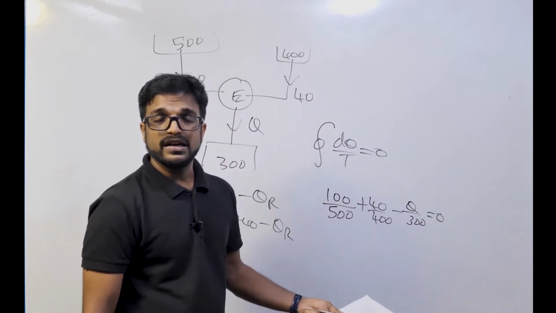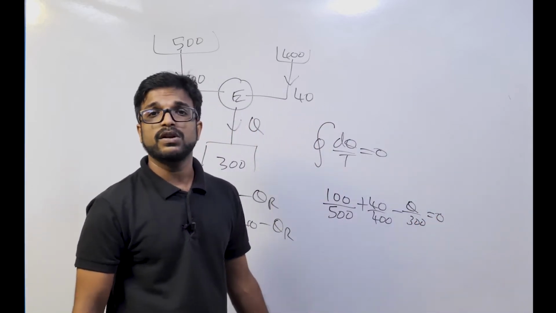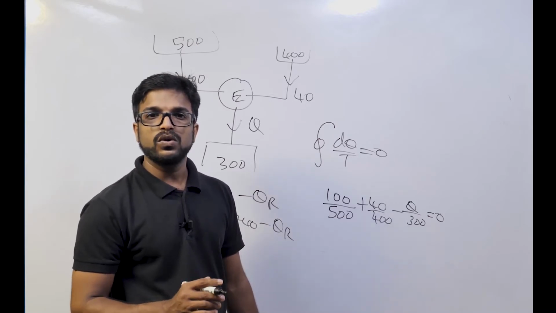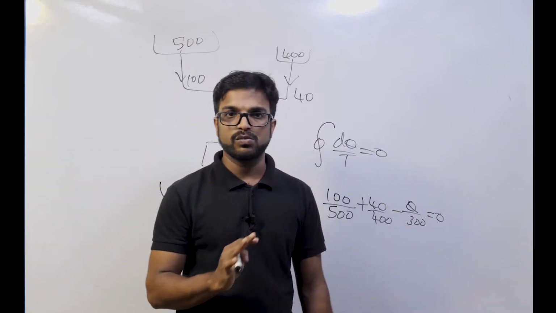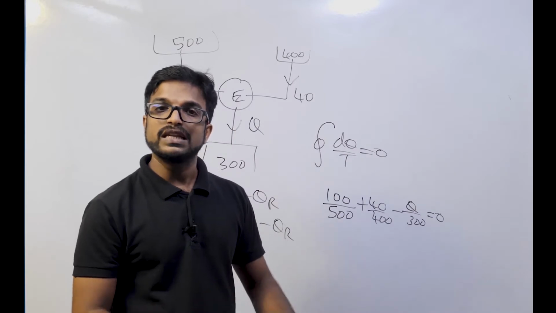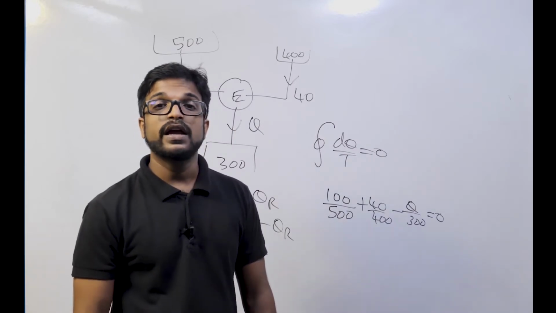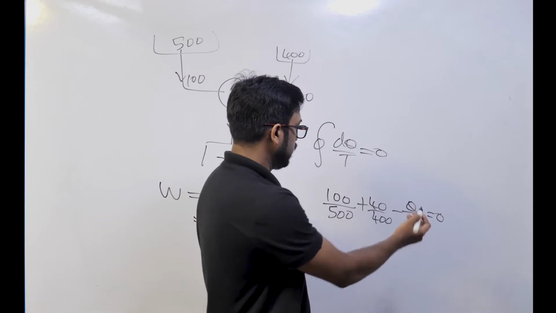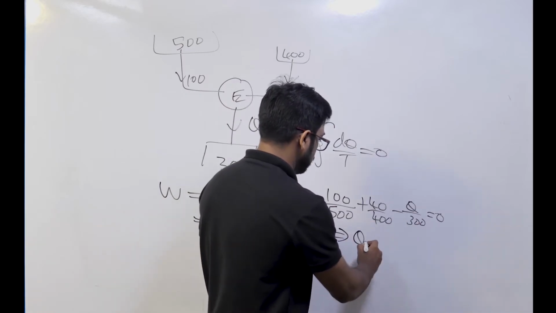We have already done similar problems in the second law of thermodynamics. That's why I am going quickly. If you don't know, that means your revision in second law is not proper. So go back first, finish that revision, then only come back to the entropy lesson. Alright. Then if you solve this, you will be getting the value of Q rejected.